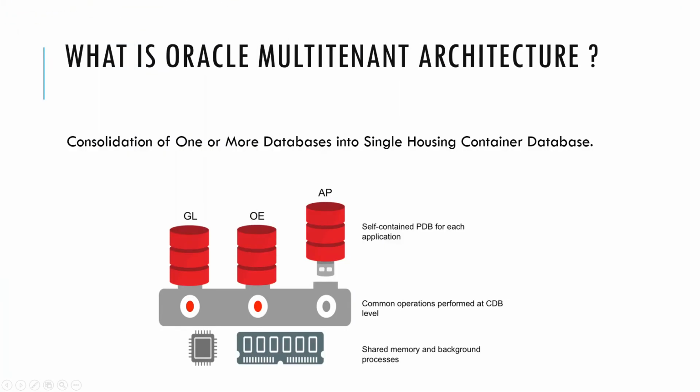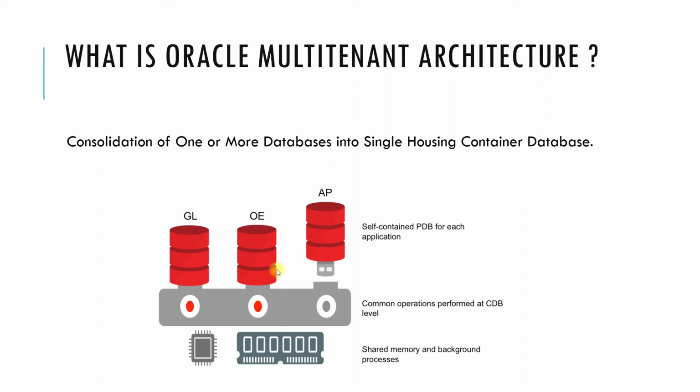What will the container database have? The container database will have a CDB root. The CDB root will just have the metadata of the database. You will create the databases we are talking about, which are pluggable databases.